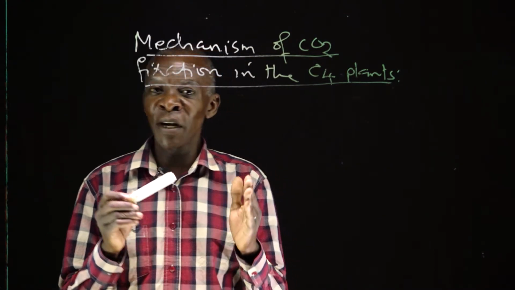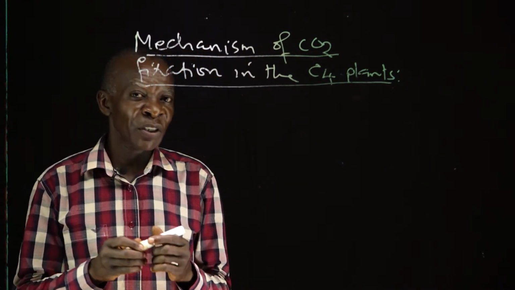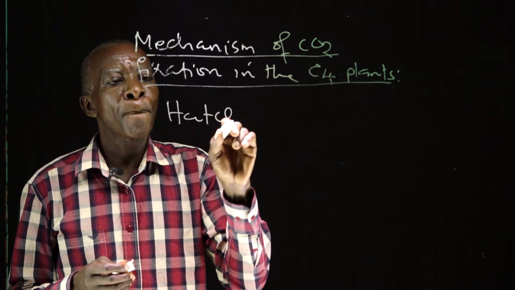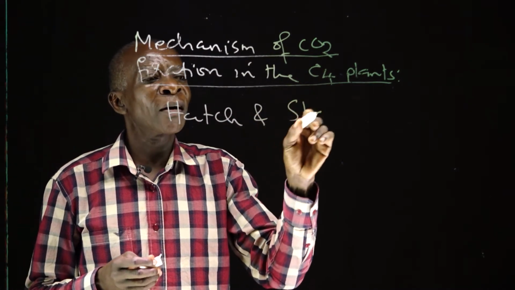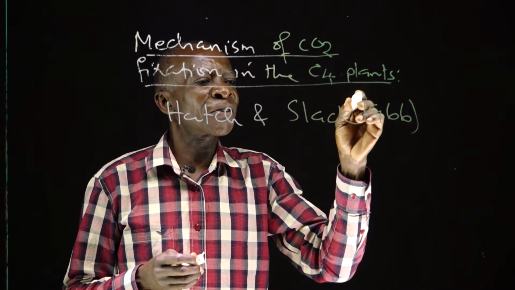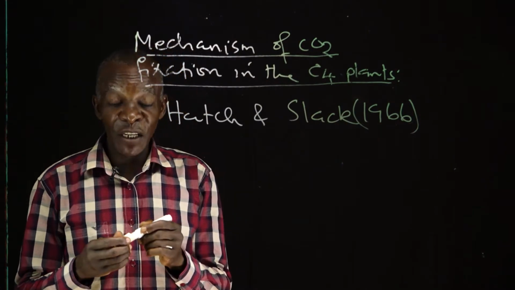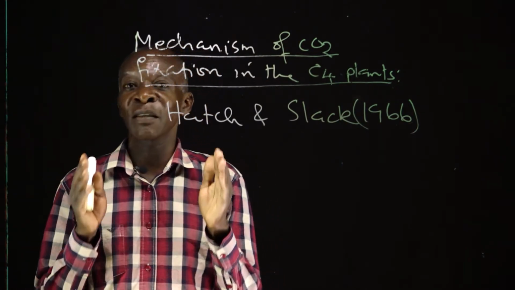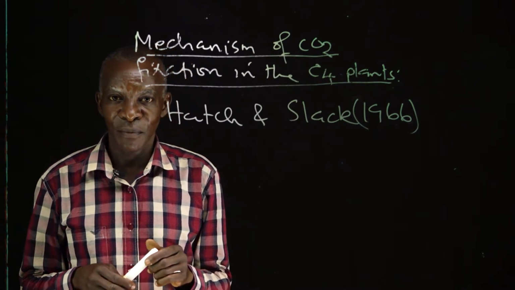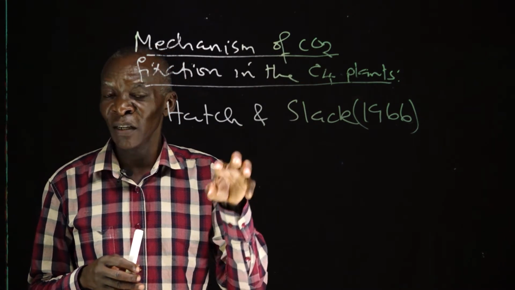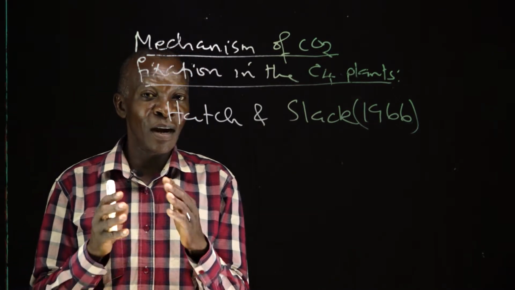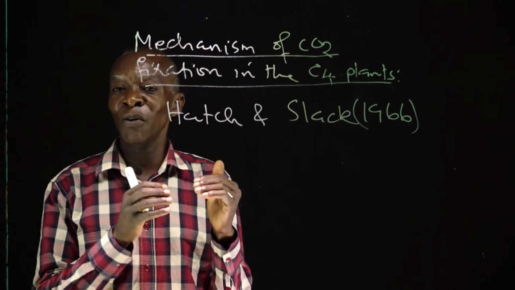Well, according to two scientists, Hatch and Slack, in 1966, the fixation of carbon dioxide in the C4 plants occurs twice. We have seen in the differences between C4 and C3 plants that carbon dioxide fixation in the C4 plants occurs twice.